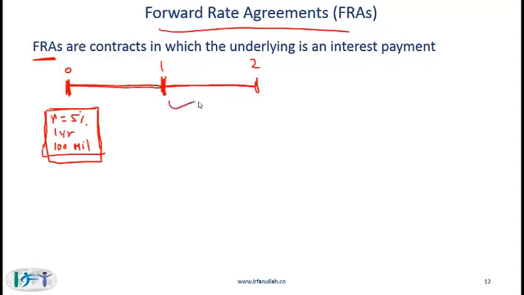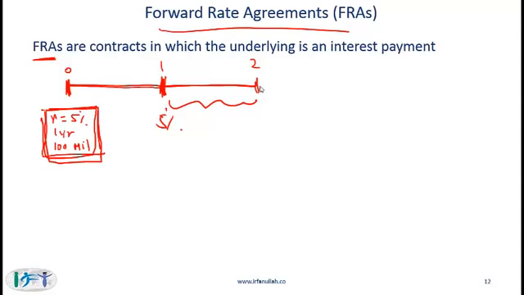Now this loan is generally called a hypothetical loan because you might not actually borrow this money, but the contract says that the rate that you are locking in is 5%. So no matter what the interest rate is at this point, you will pay 5%.